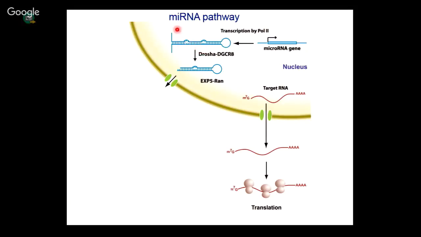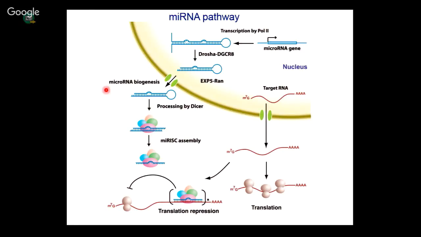Those microRNA precursors include a very long stem and a loop structure, and are processed by the Drosha-DGCR8 complex in the nucleus to form the hairpin structure. Those hairpin structures can be exported by Exportin-5 and GTP to the cytoplasm.